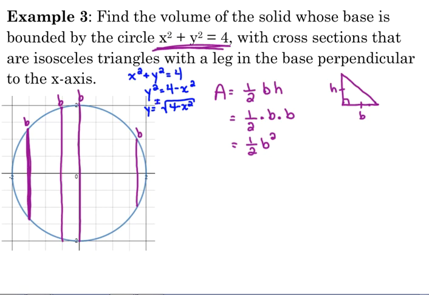Technically, it's the positive and the negative. This top curve right here is the positive square root of 4 minus x squared, and no, that is not equal to 2 minus x. 2 minus x is a line, it's not a curve. This bottom part is negative square root of 4 minus x squared.